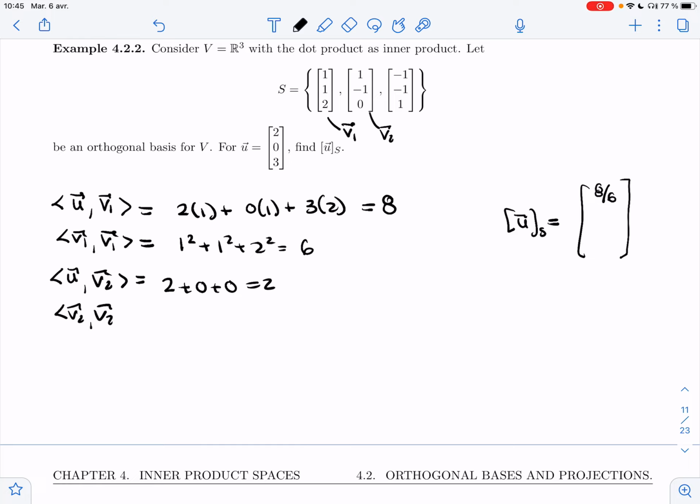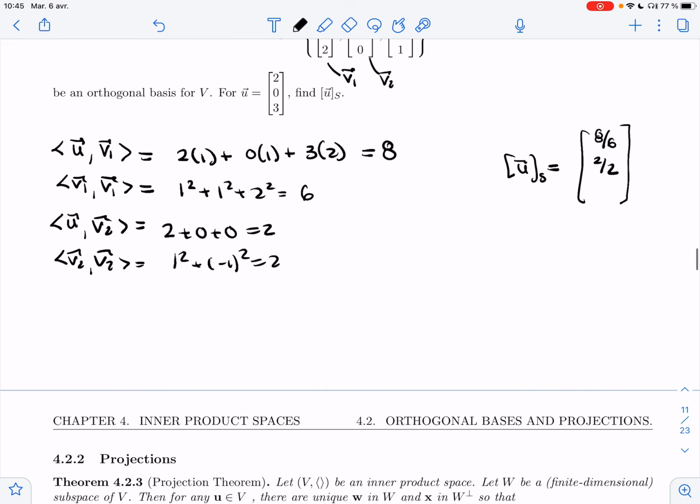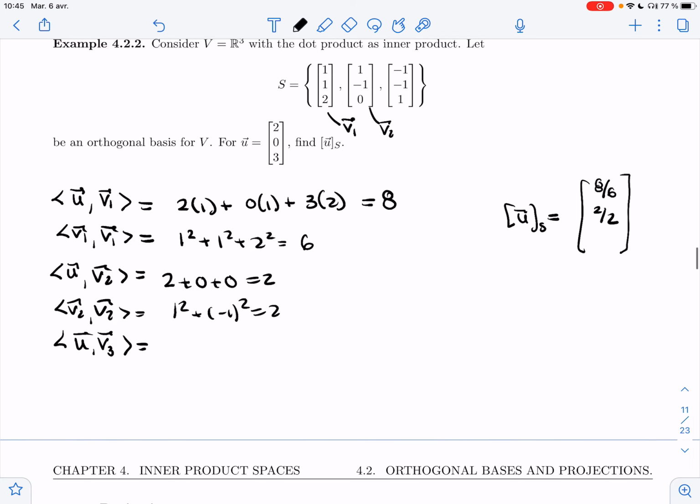V2 dot V2 is 1 squared plus minus 1 squared, that's 2, so I get 2 over 2. Then U dot V3, sorry, that's going to be minus 2 plus 0 plus 3, that's going to be 1, and V3 dot V3 is 1 plus 1 plus 1, it's going to be 3, so the last one is a third.